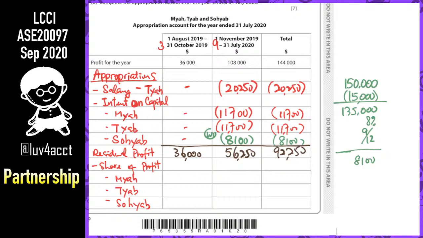Yes. So last one, share of profit for the first 3 months. 18,000 shared equally. Nothing for partner S. 56,250 divided by 3, 18,750. It seems that the original partnership is more profitable.